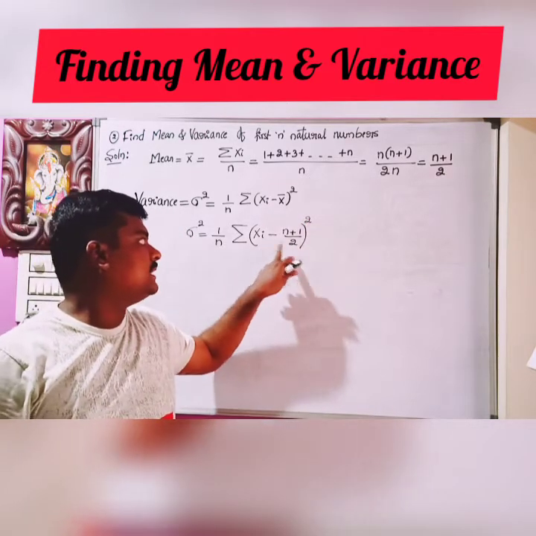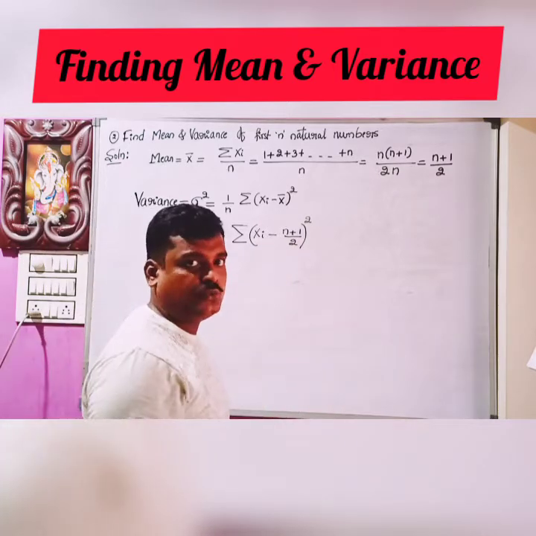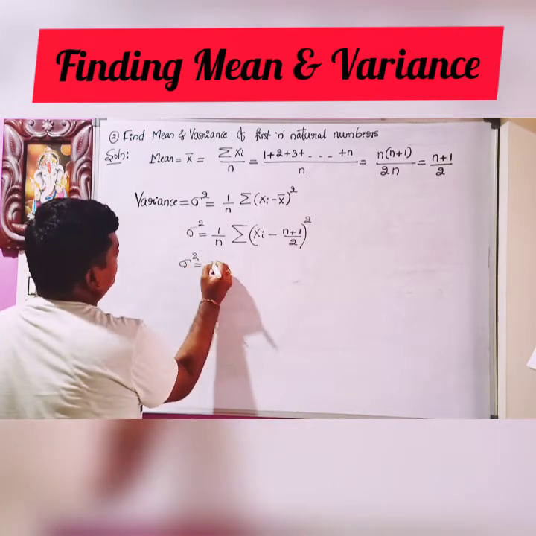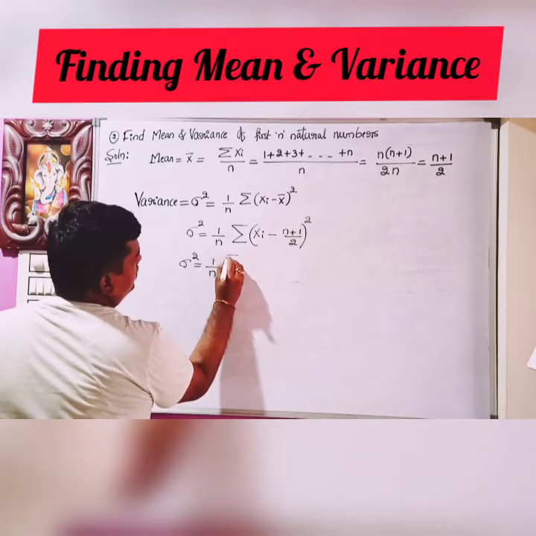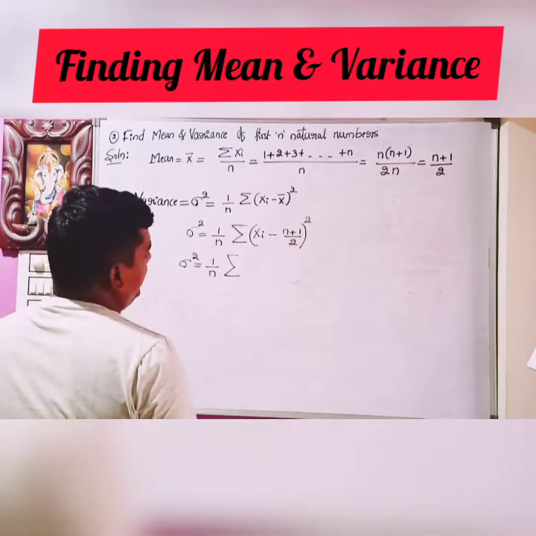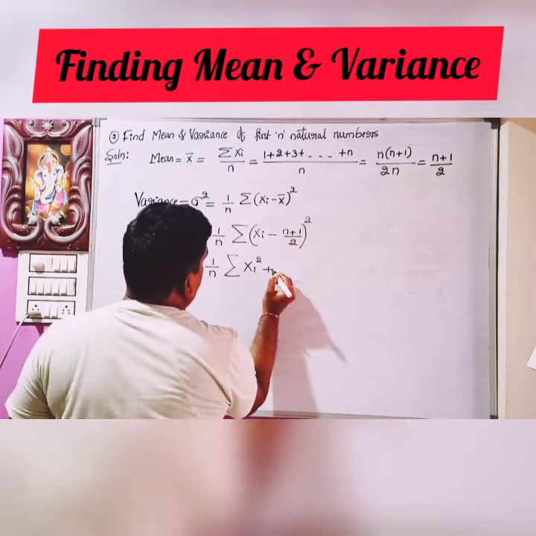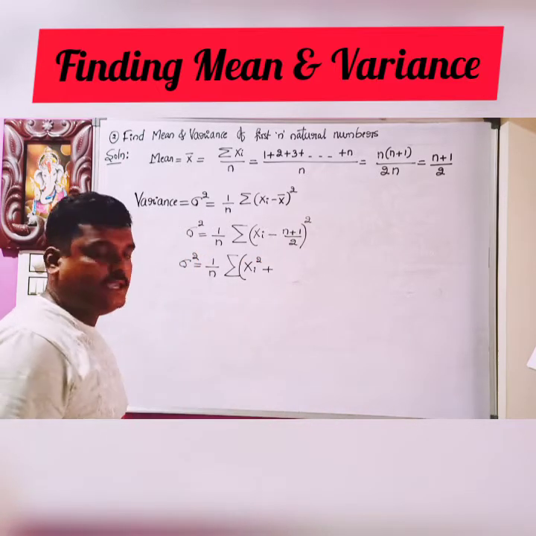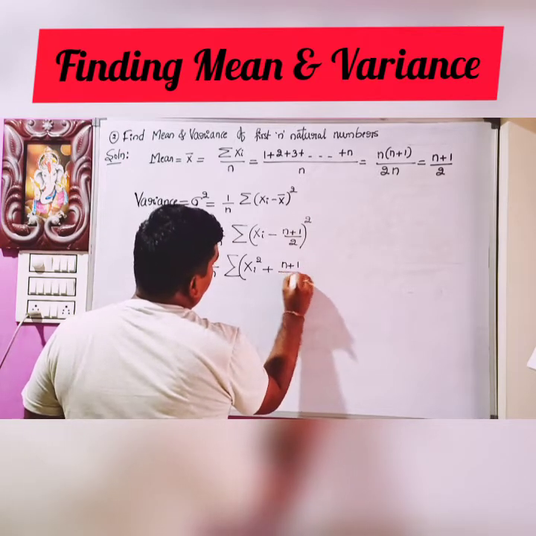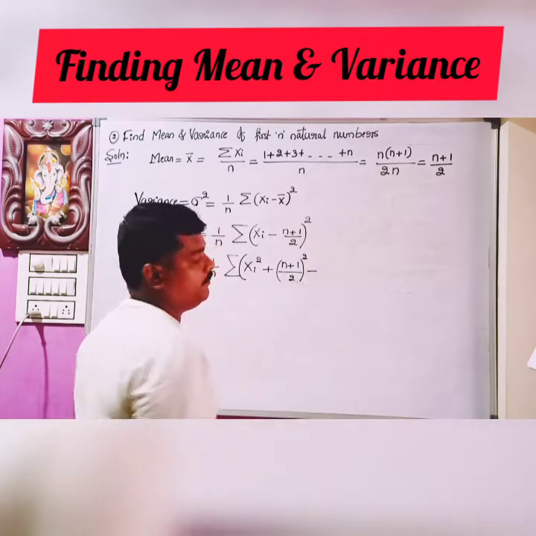Now if you expand it, a minus b whole square is a square plus b square minus 2ab. So sigma square is equal to 1 by n summation of xi square plus b square, which means n plus 1 by 2 whole square, minus 2ab.